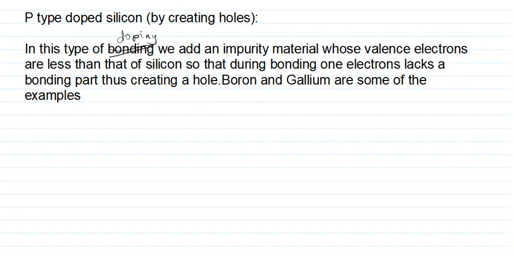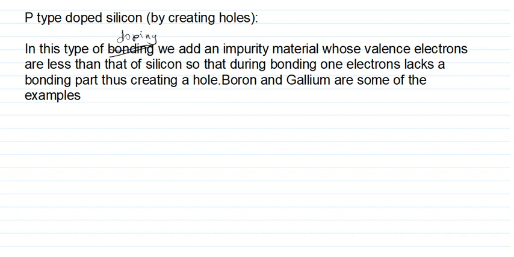These ones have trivalent atoms, meaning that their valence electrons are 3, and we know that the valence electrons of silicon are 4, and indeed the valence electrons of boron are less than that of what? Of silicon.